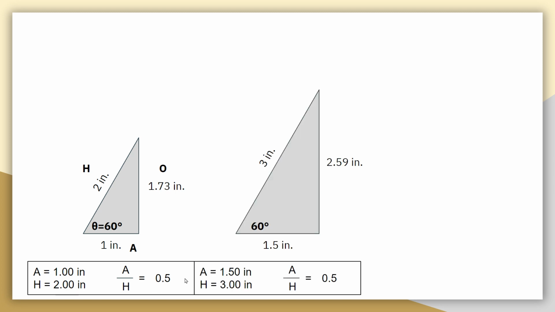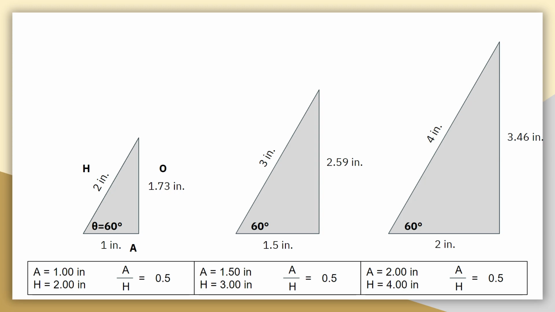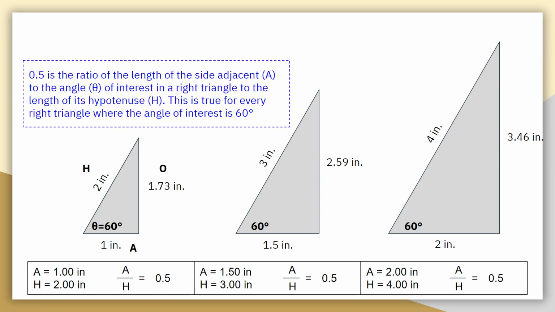That was true when they scaled it up, and that was true when they scaled it down. 0.5 was the ratio of the length of the side adjacent to the angle of interest in a right triangle to the length of its hypotenuse. It was true for every right triangle where that angle of interest was 60 degrees.